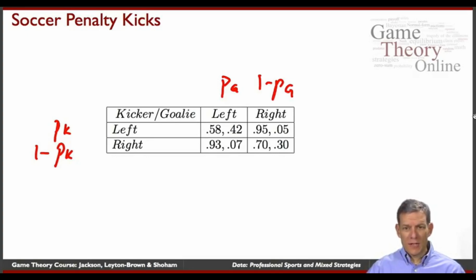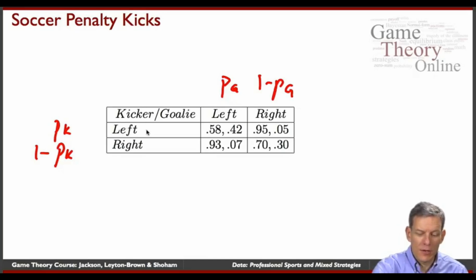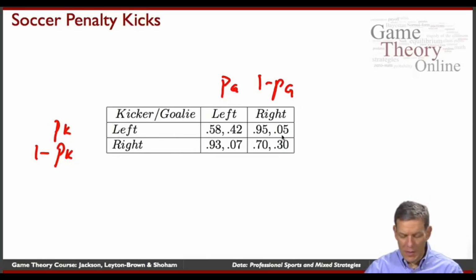Okay, so you've had a chance to look through that. Now let's see what is actually happening in this game. What we need is P sub G to make the kicker indifferent, right? If the kicker kicks left, we can figure out what payoff they get. If the kicker goes right, we can figure out what payoff they get.